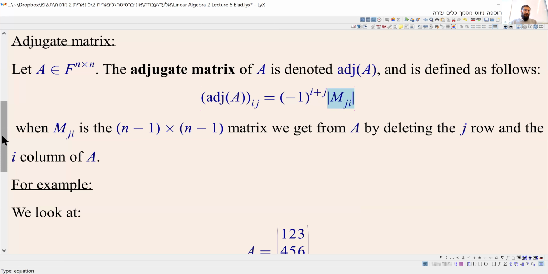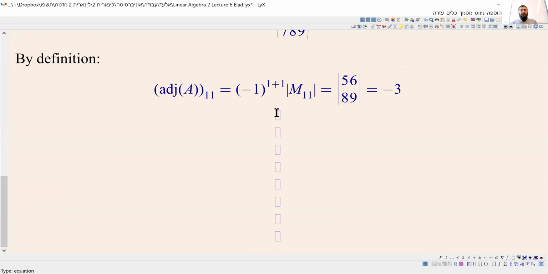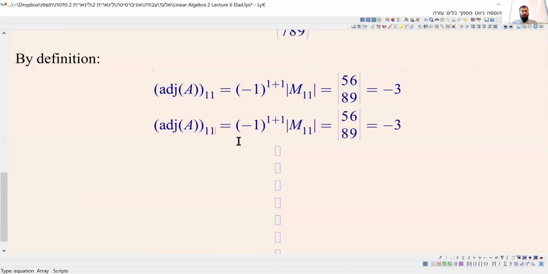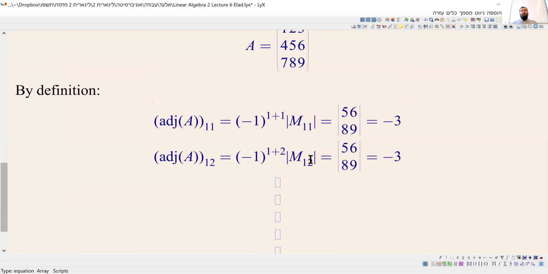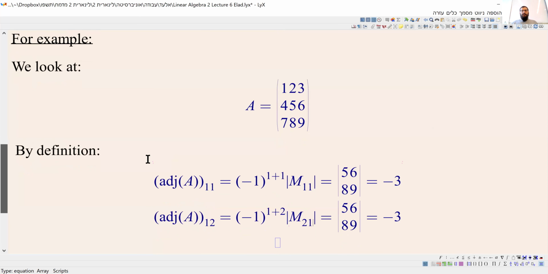Now, after the example, we can say, okay, what is it good for? Okay, what about the 1, 2 element, minus 1 to the power of 1 plus 2, and the minor 2, 1. Ready to switch the indexes.